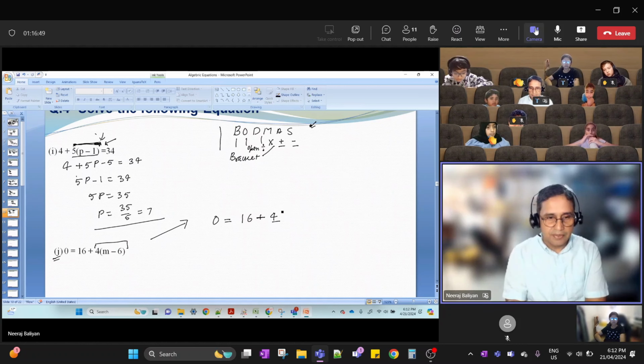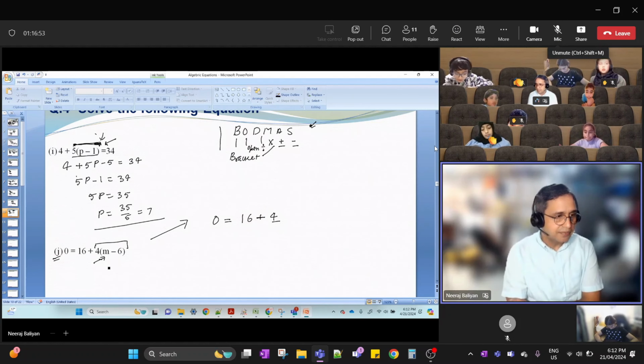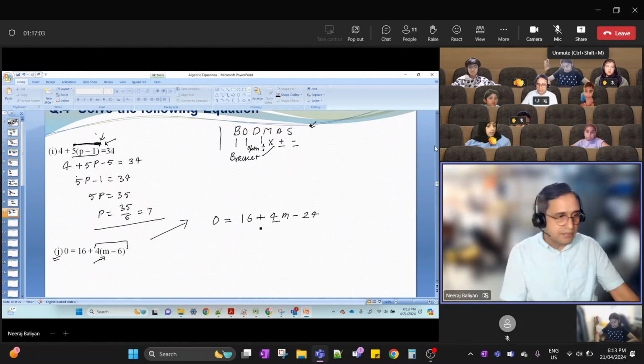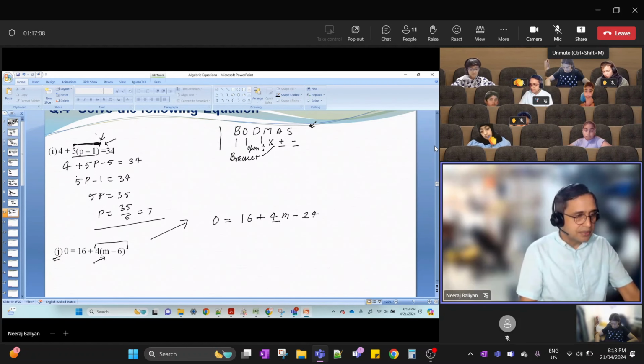So what will happen when we open the bracket? 4 will be multiplied inside with every term. It will become 4m minus 24. Please don't take it negatively. If we have some opportunities to improve, we still have 2-3 weeks for the exam, and we can work it out.